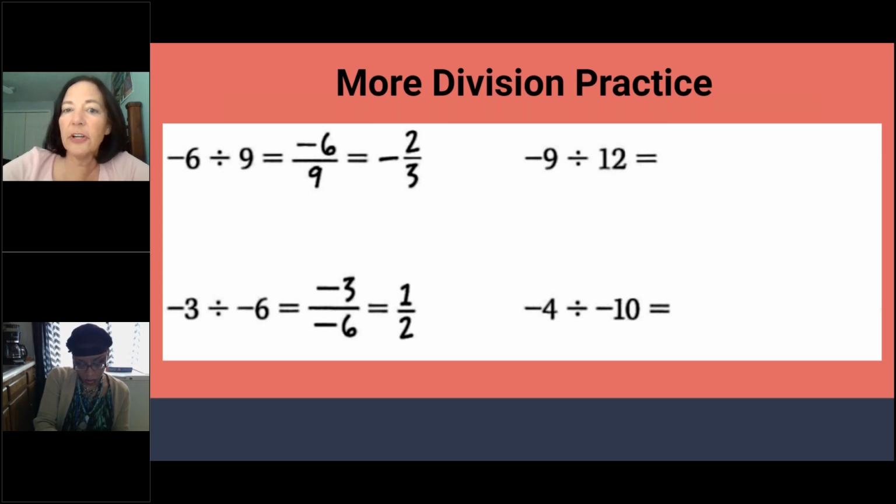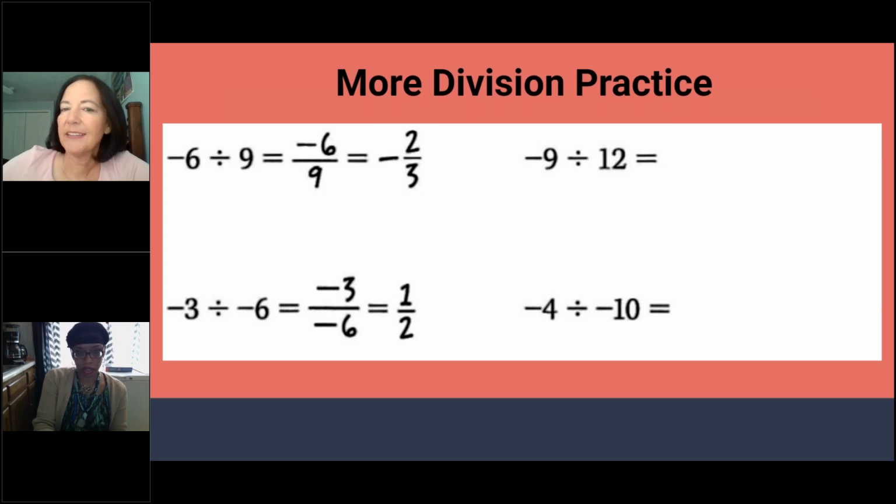And so the first step is to rewrite that problem in fraction form. So when we write it in fraction form, what fraction is that going to look like? Negative 6/4.